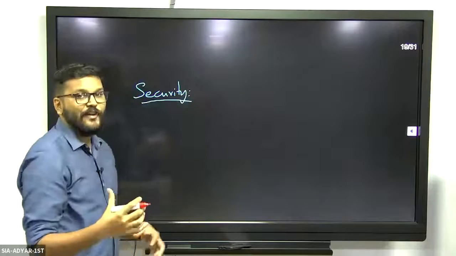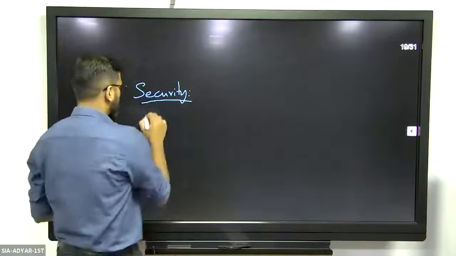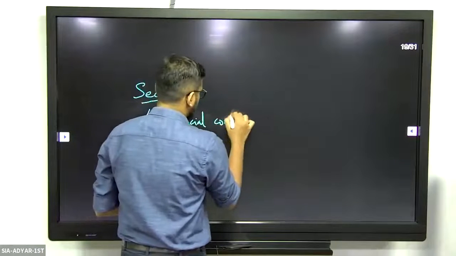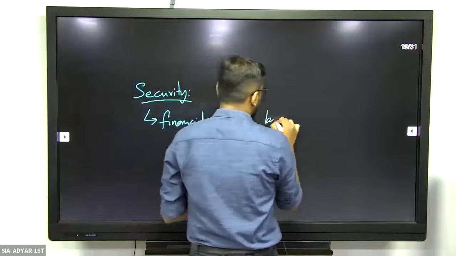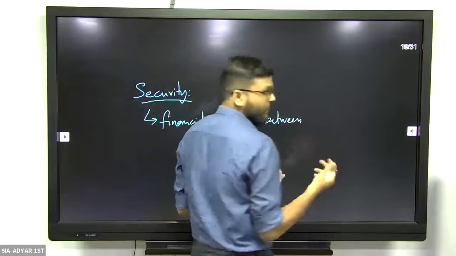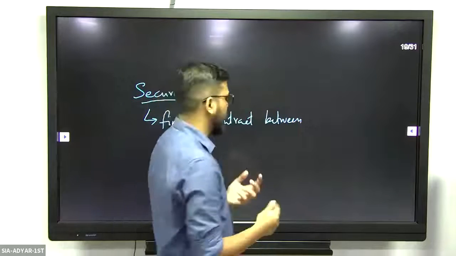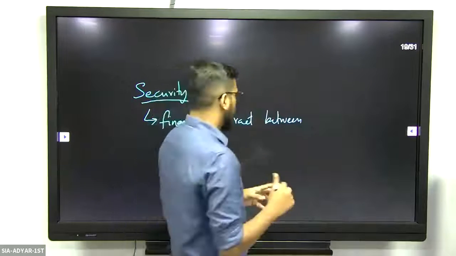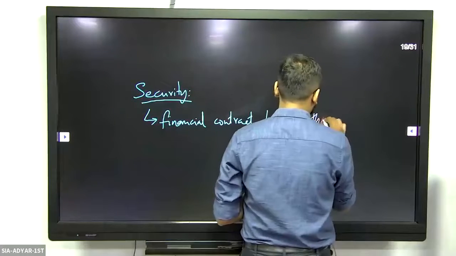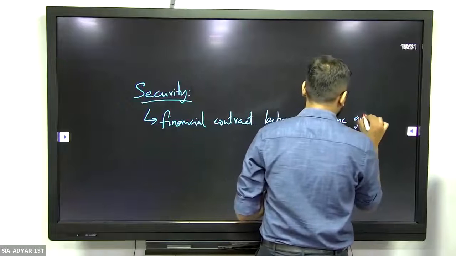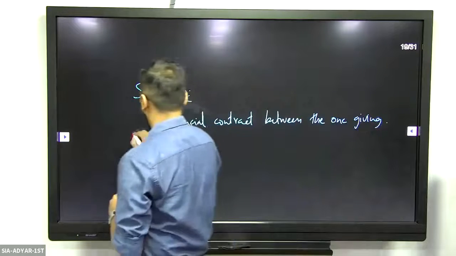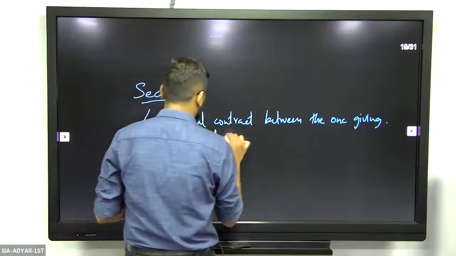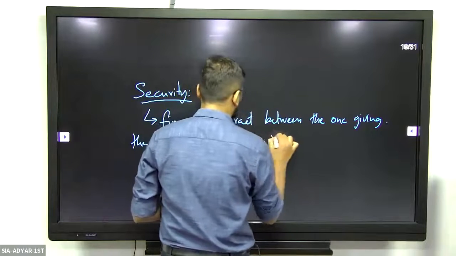A security is a financial contract between two entities, the one giving the money and the one receiving the money.